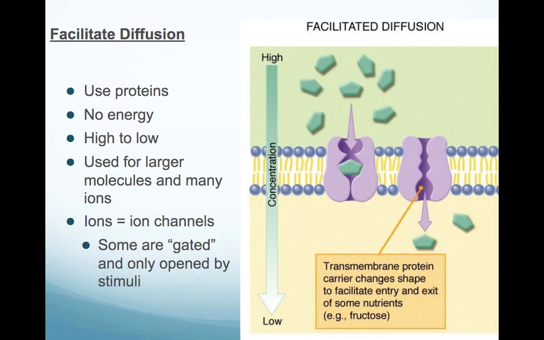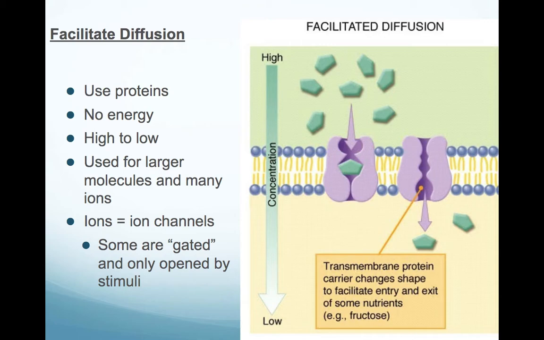And these are used for a lot of larger molecules and many ions. And for ions specifically, the proteins are known as ion channels. And so it's basically a specific shape that allows that specific molecule through. So you'd have a sodium channel, you'd have a potassium channel, you could have a glucose channel, you could have kind of any molecule channel, and things will move through them.